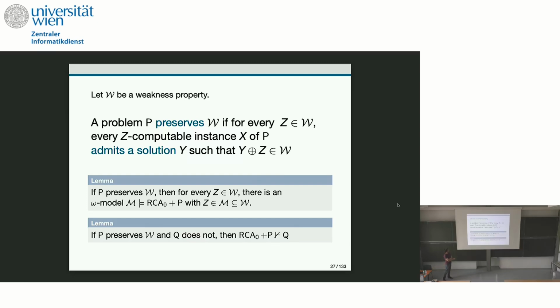You just take the set Z which witnesses the fact that Q does not preserve W, which means you have a Z and a Z-computable instance of Q, so that for every solution to this instance, you will not be weak joined to Z. So now if you make a model of P which will contain this Z, this instance of Q will not have any solution in the model. It's easy combinatorics, easy to check.